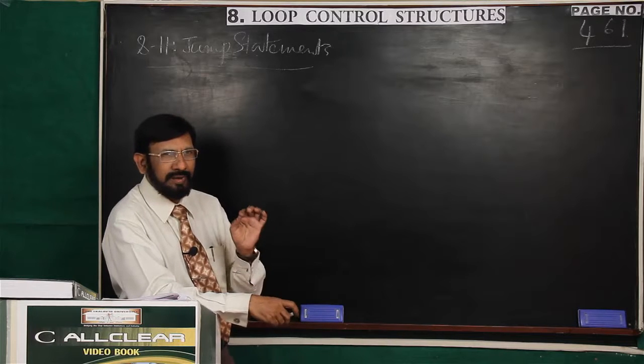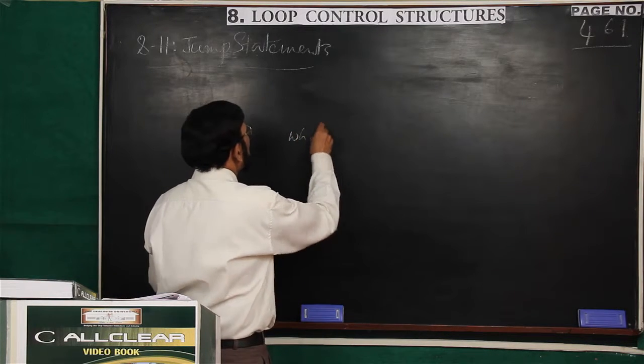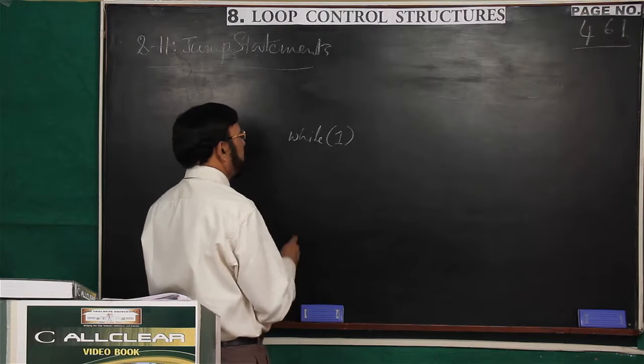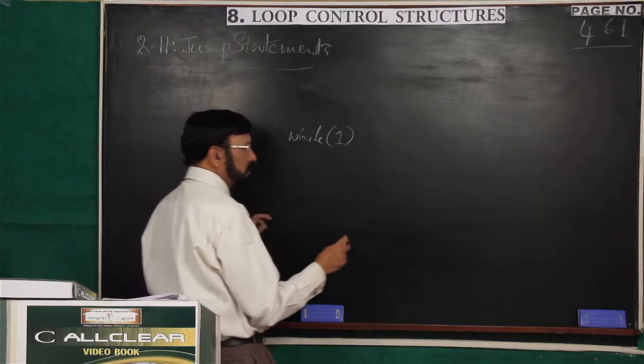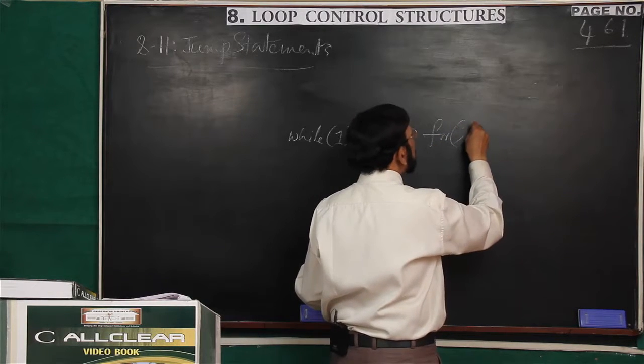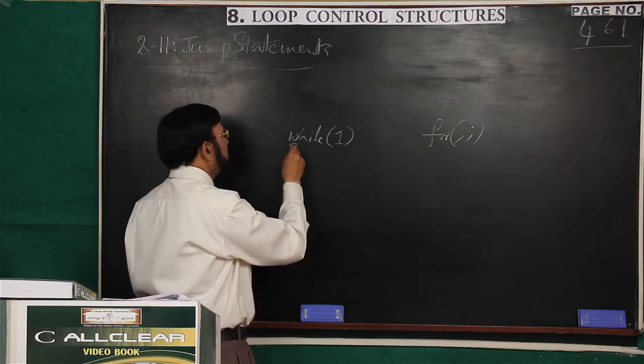You voluntarily create an infinite loop with while, suppose while 1. Otherwise, for also, I told you, an infinite loop can be created like this, with 2 semicolons, right?